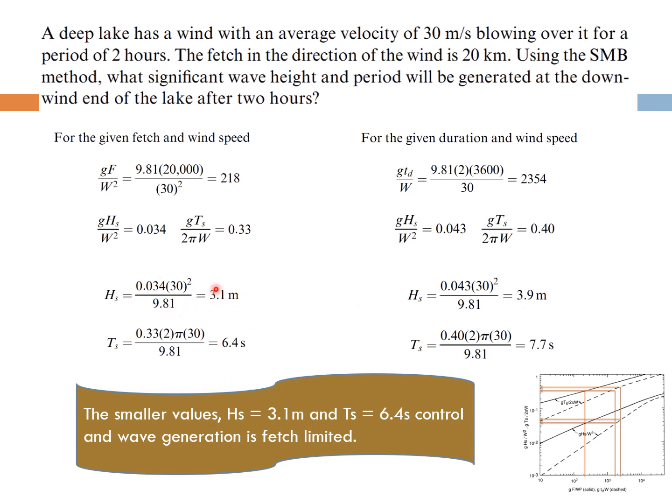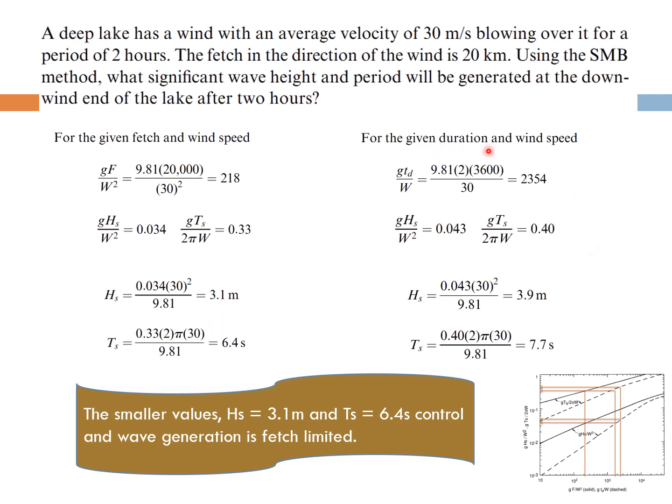So now we have two solutions. Both depend on a different factor. This solution here depends on fetch. This solution here depends on wind duration. Now, the final solution should be the smaller value. Which means that the significant wave height can only reach up to 3.1 meter.